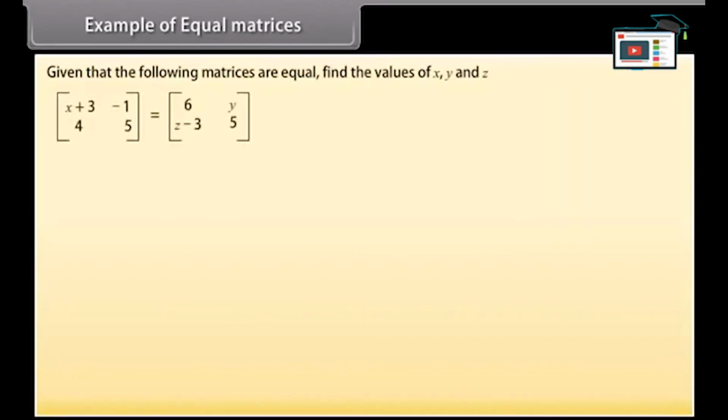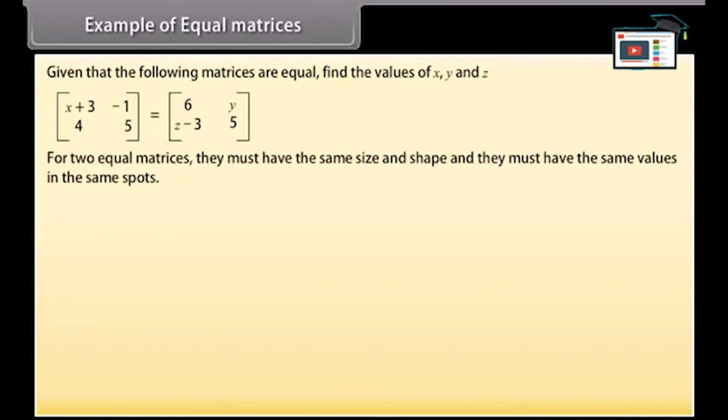Example of equal matrices. Given that the following matrices are equal, find the values of x, y and z. For two equal matrices, they must have the same size and shape and they must have the same values in the same spots.